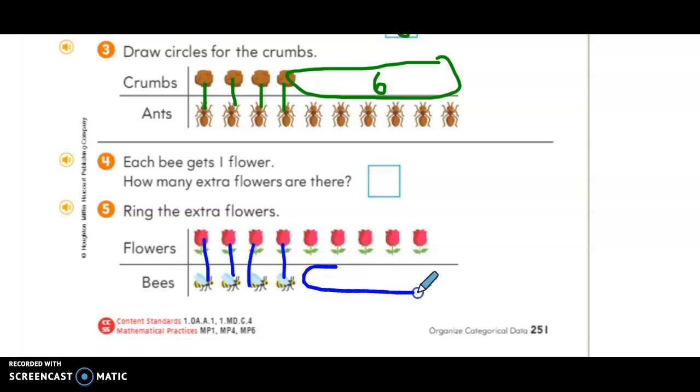Make an oval to show the difference. Now our question is asking, how many extra flowers are there? 1, 2, 3, 4, 5. That's going to go in the oval. That's the difference between the two. There are 5 extra flowers. Good work. Let's turn the page.